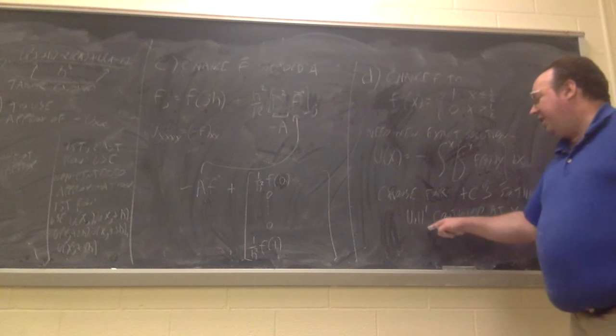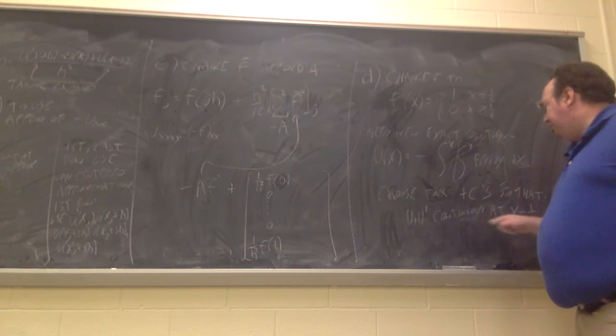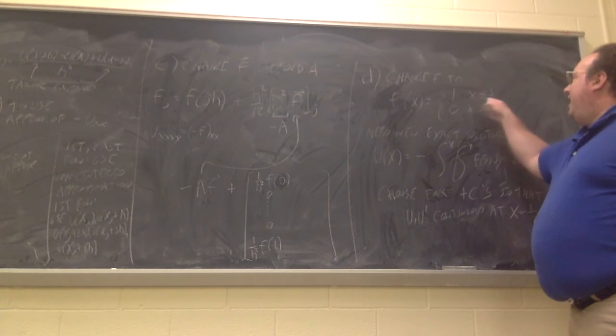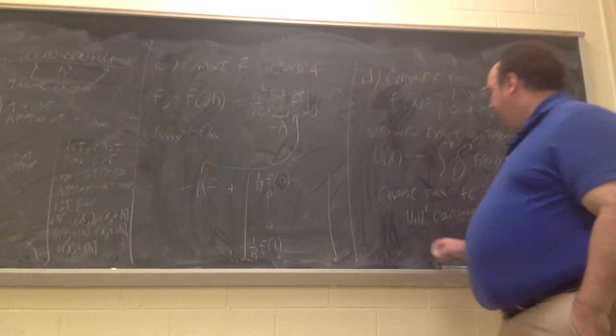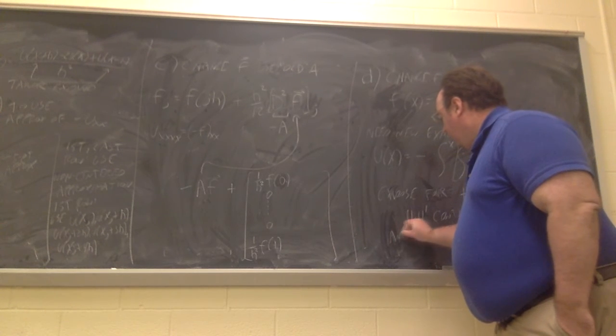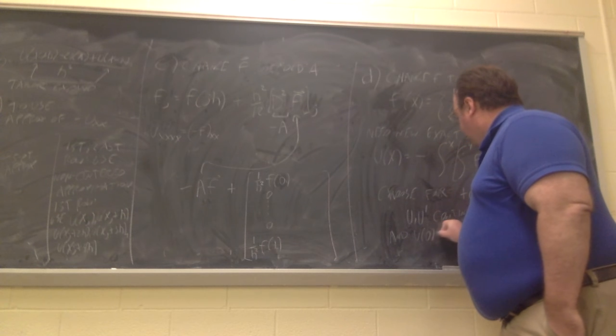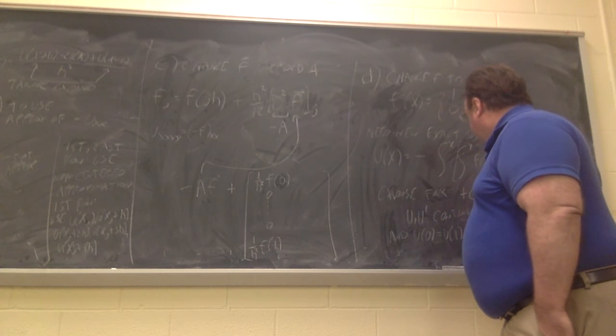So here are 2 of them right here. u and u prime must match up at this interface point when you switch pieces. And then the other 2 conditions are just boundary conditions.